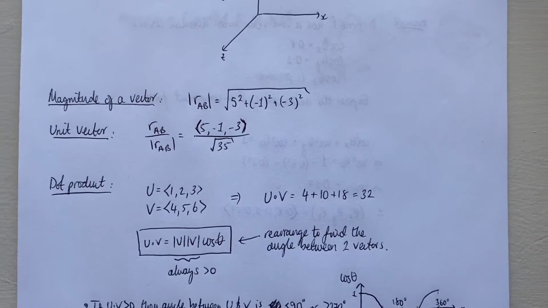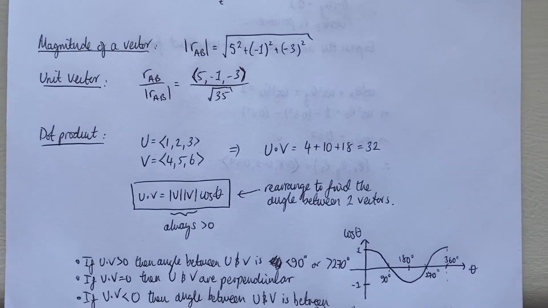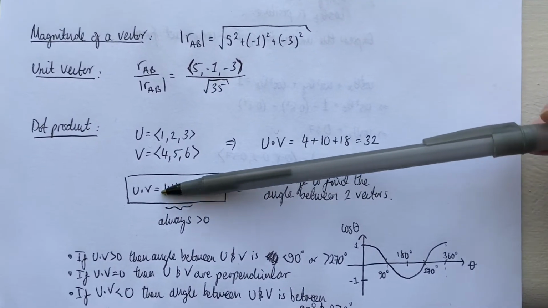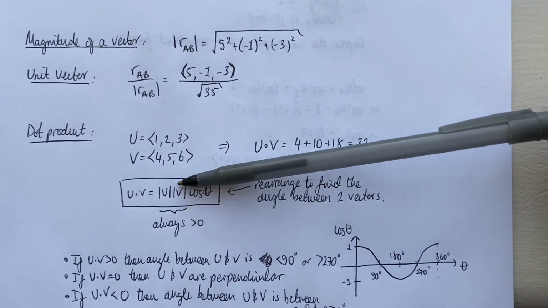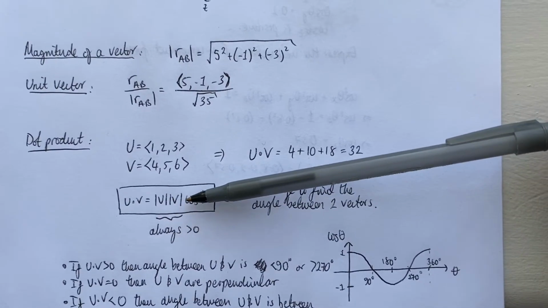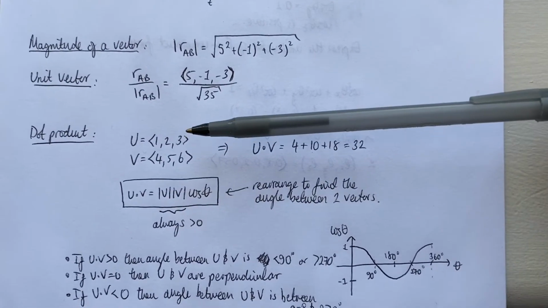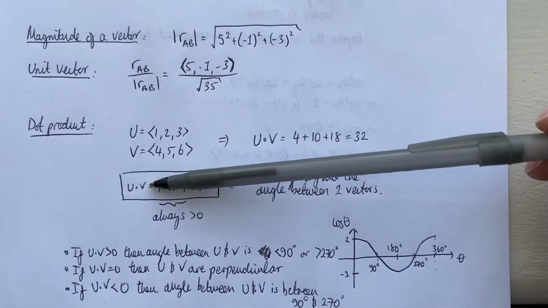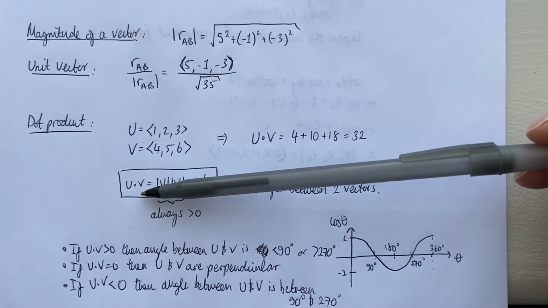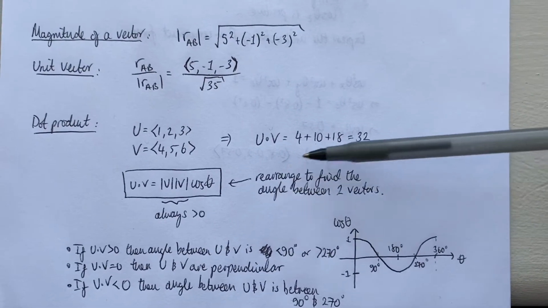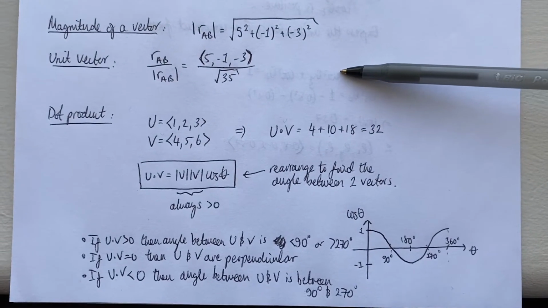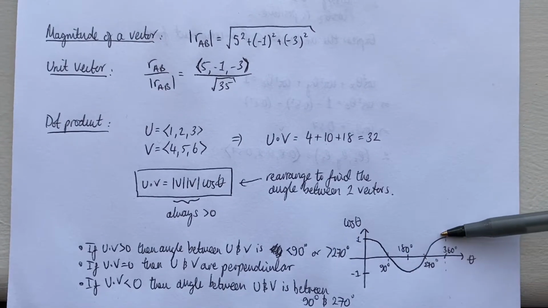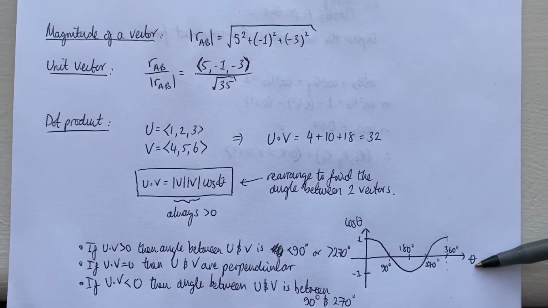So there's a couple of important things to remember about this, and that is, because this part here is always positive, so the product of the magnitudes, then depending on what the value of the dot product is, that tells us something about the angle between those two vectors, right? So what I've drawn here is a quick sketch of cosine theta with respect to theta.